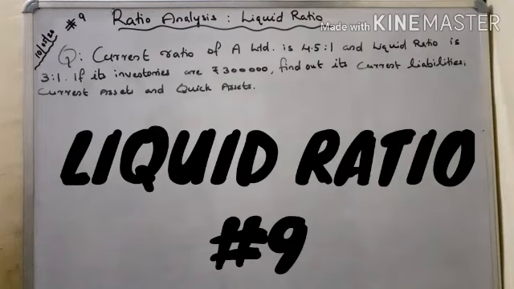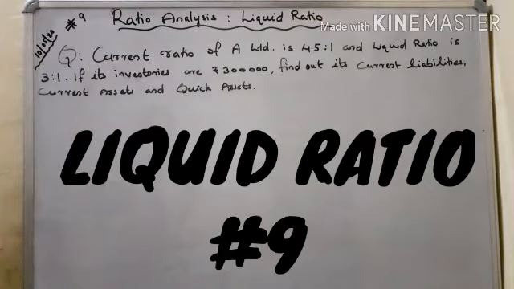Current ratio of A Limited is 4.5:1 and liquid ratio is 3:1. If its inventories are rupees 3 lakh, find out its current liabilities, current assets and quick assets.